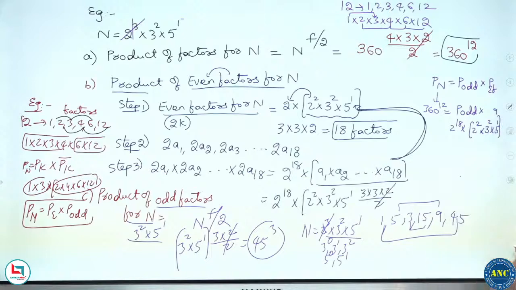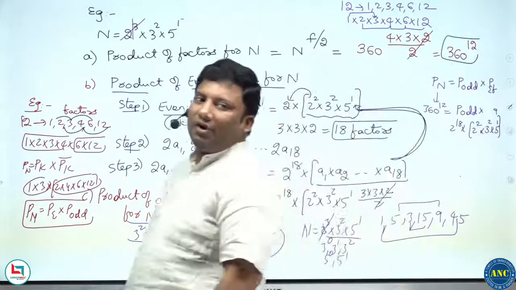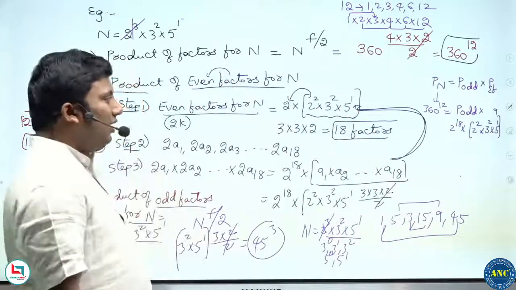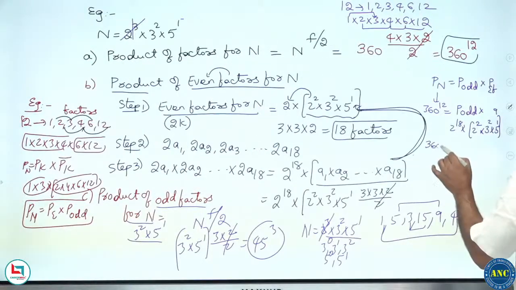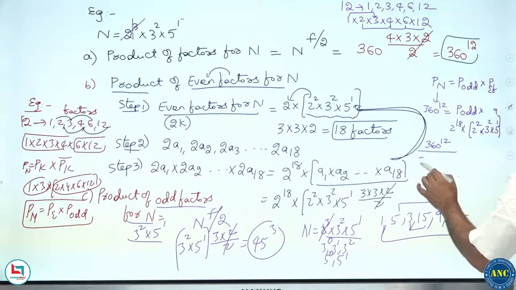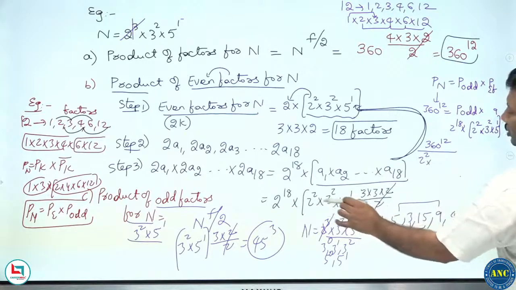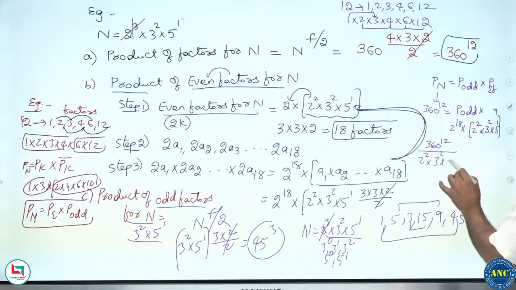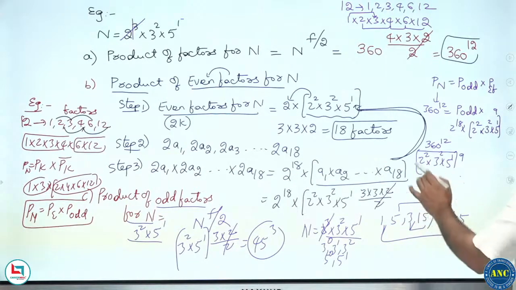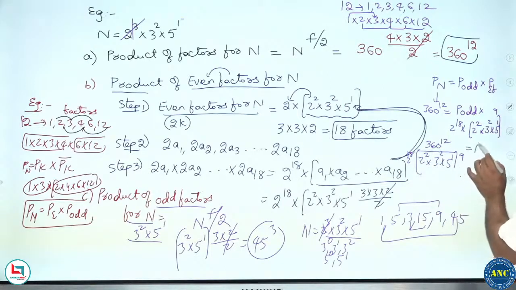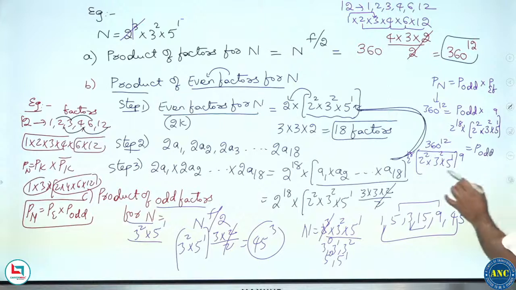I hope the mistake is clear, right? Product of odd factors into product of even factors. So if I calculate it, this will be 360 power 12 divided by 2 square, here I took it as a 2 cube. I hope the mistake is clear. 2 square into 3 square into 5 power 1, divided by 9. So from there, if you calculate it, 2 power 18 is equivalent to product of odd factors.